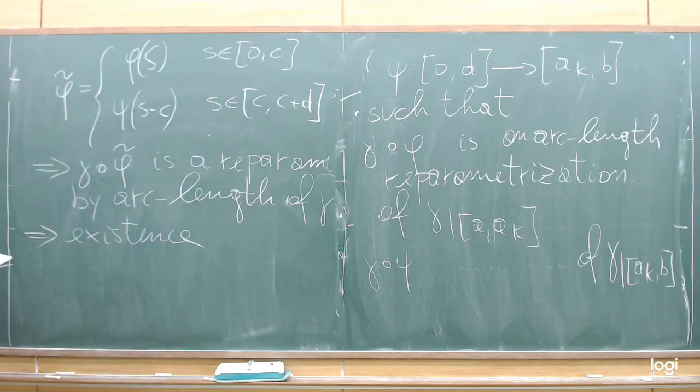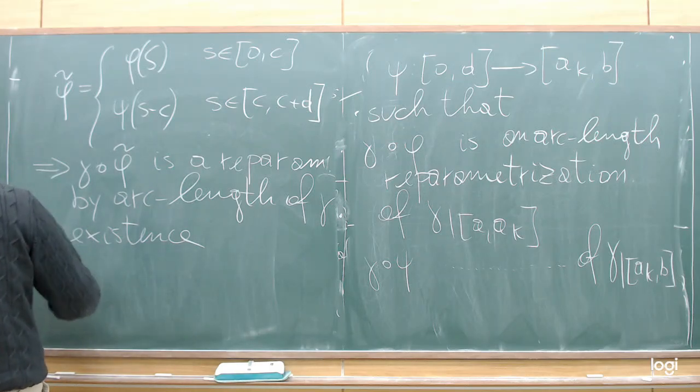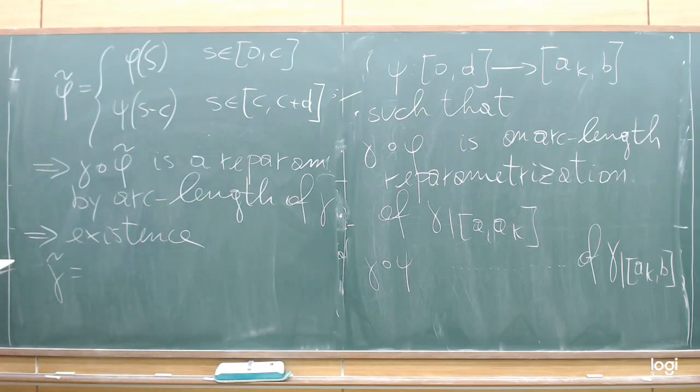What about the uniqueness? Suppose that you have two reparameterizations satisfying this property.